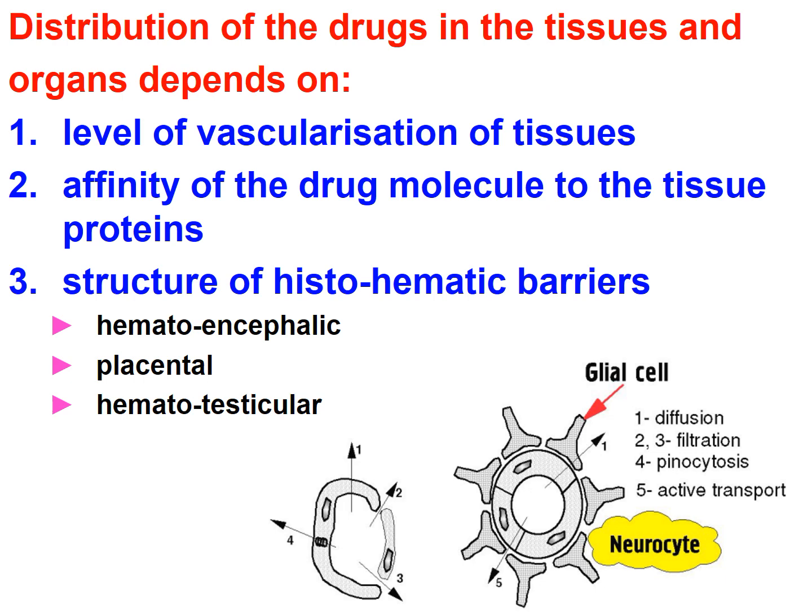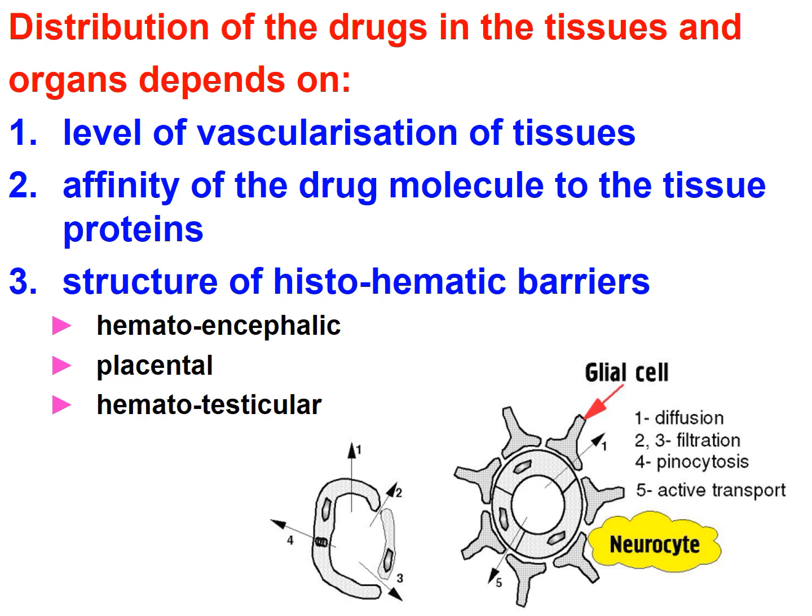The process of distribution of the drugs to the different parts of the body depends on several factors, which include, first of all, the level of vascularization of the tissues. As you understand, the tissues which are rich in blood vessels can receive more drug molecules, and as a result they can develop higher concentrations in this tissue.